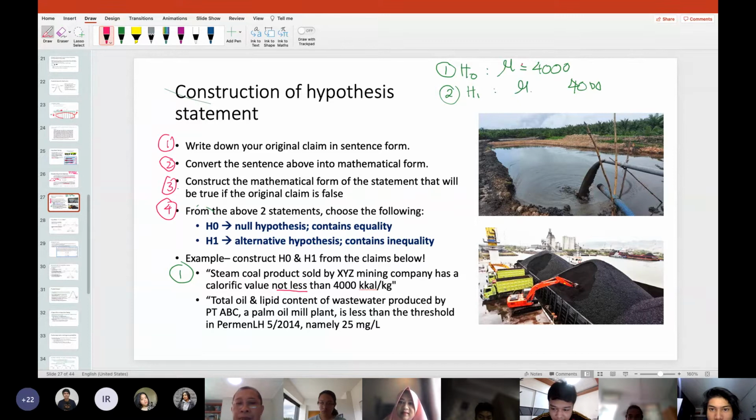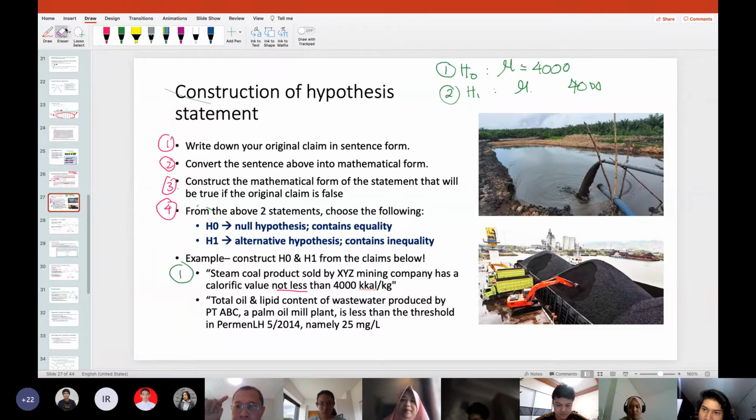Remember? More than or equal to, sir? Yes. So the original statement, mu is greater than or equal to 4,000. Okay, so that is the original claim.